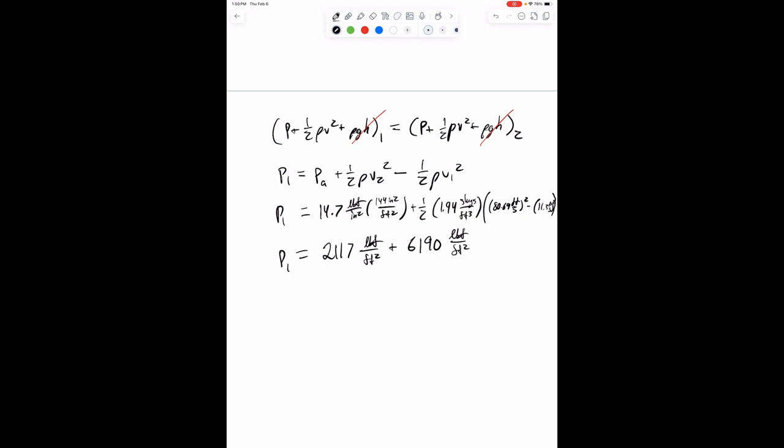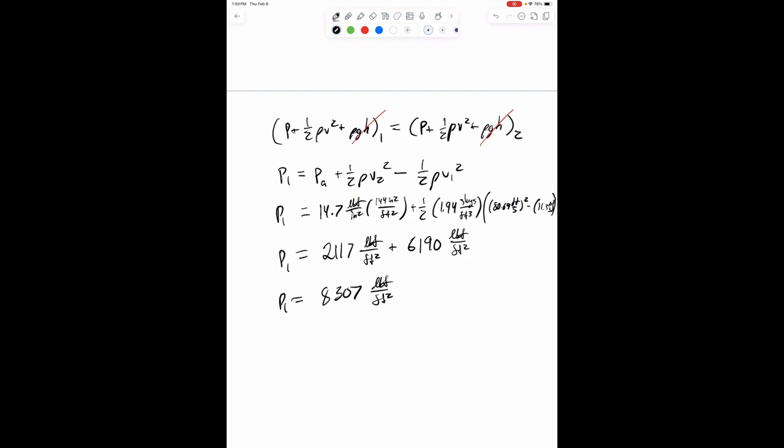So assuming atmospheric pressure at location 2, the total pressure needed at location 1 to maintain that fluid flow would be 8,307 pound force per feet squared.